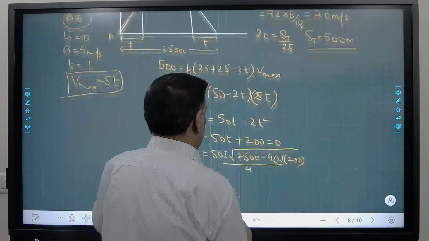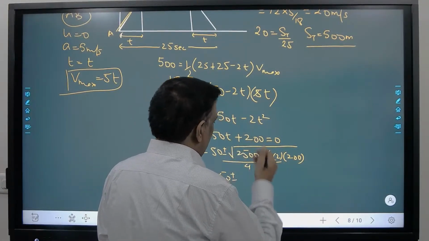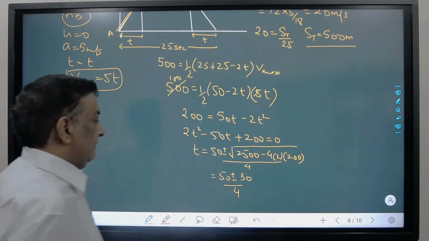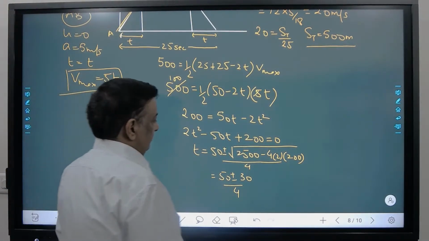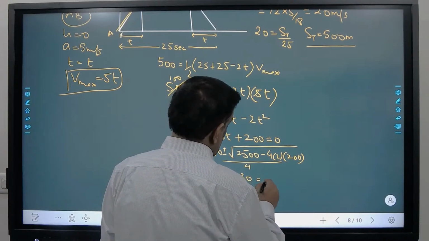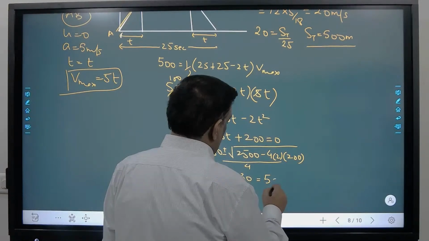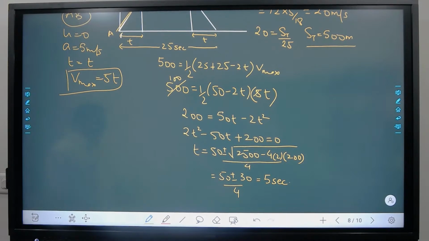Solving, t is 50 plus minus the root, divided by 4, giving 80 by 4 and 20 by 4. So t comes out to be 5 seconds. 80 by 4 we can't take because the total time is 25 seconds; if you take 80 by 4, it becomes greater than 25 seconds.